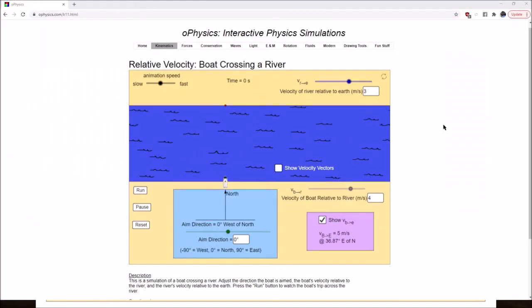Okay, so the settings that we have, we said that the velocity is 3 meters per second for the velocity of the river relative to the Earth, so going that way. And the velocity of the boat is 4, so it's this bit going here. So we said that the answer was 48.6 degrees.